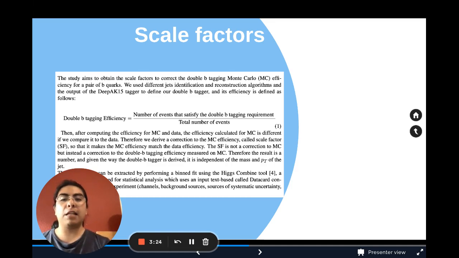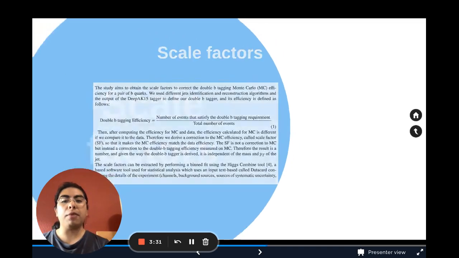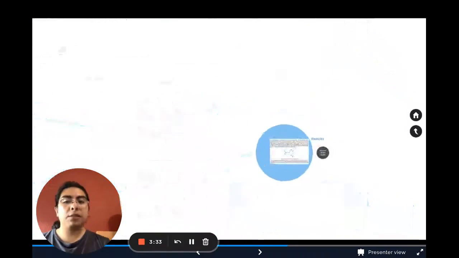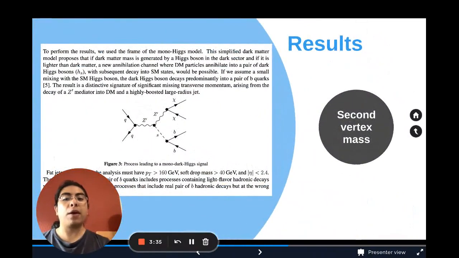Finally, we obtain the scale factors by performing a fit using the Higgs Combine tool, which is used for statistical analysis in CMS. To obtain our results, we use the mono-Higgs model, a simplified dark matter model, which proposes a Higgs boson in the dark sector decaying into standard model particles, predominantly into a pair of b quarks visible as a boosted jet.